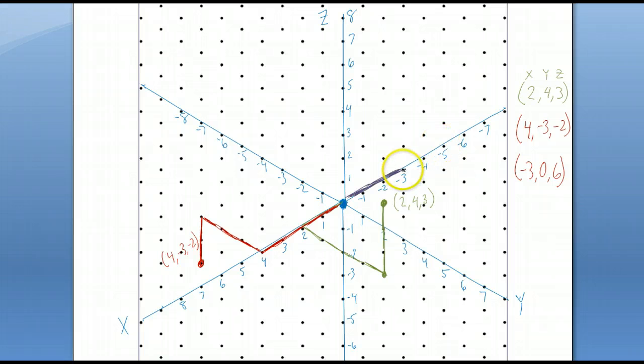From there, I'm going to move 0 in the y direction, which means this way I'm going to move no spaces. And then in the z direction, I'm going to move 6. I'm going to go up 6. So this point right here is the ordered triple, -3, 0, 6. And if you can see this as the point going away and then up, you can see this graph three-dimensionally.